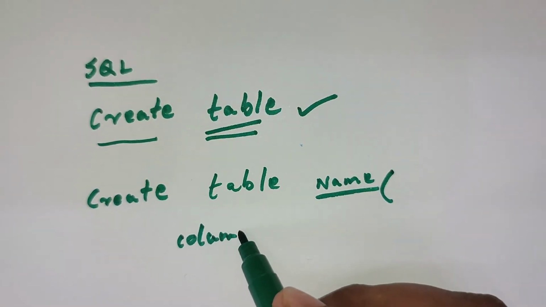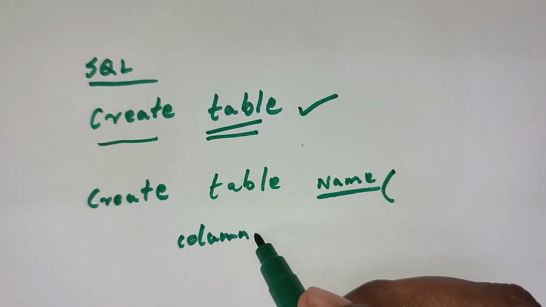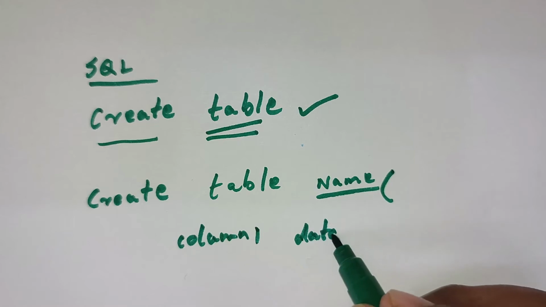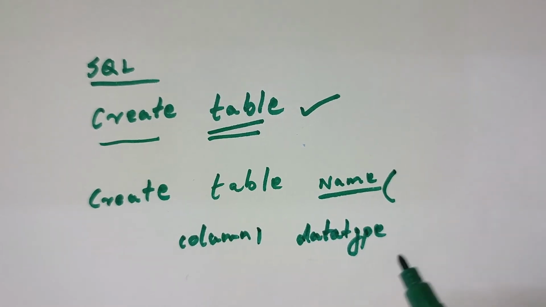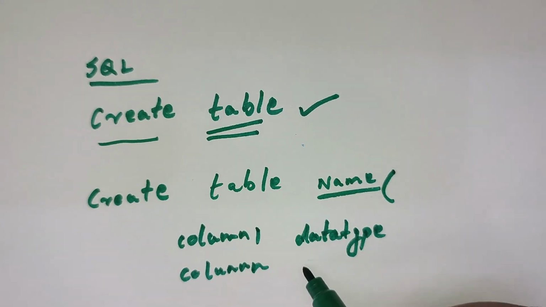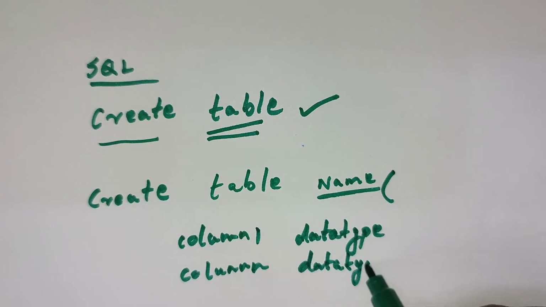So you will be having some columns, so give that column name and which data type it has to be. Okay, so we can give n number of columns, from 1 to n we can define along with the data type.